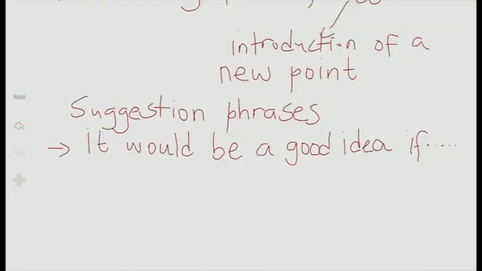And that suggestion should always be introduced by what? An opinion phrase. That is, in my opinion, it would be a good idea if, then you put in, this one should be followed by a past tense. That is a past tense of the verb in your suggestion, and then you put in that point that you are making.